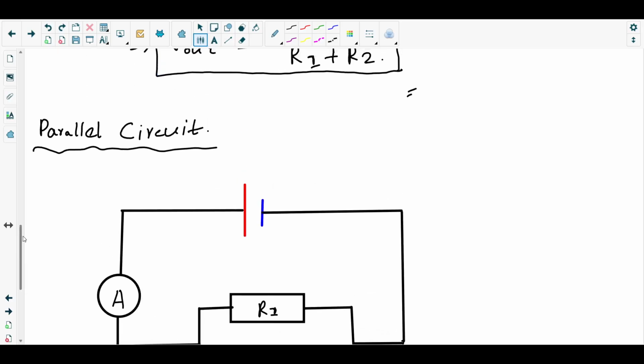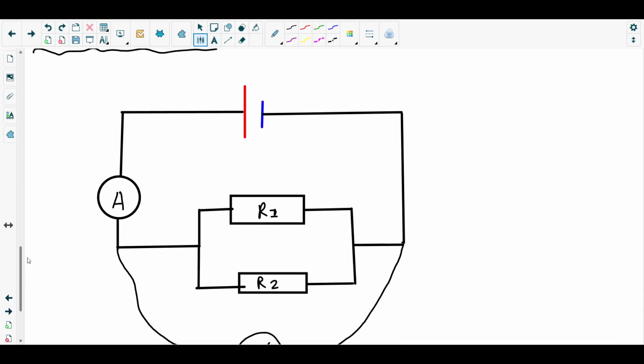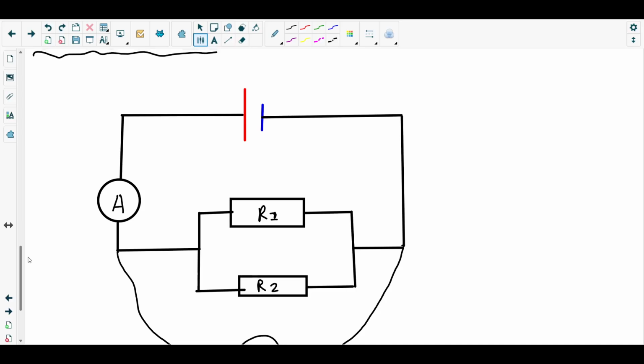According to Kirchhoff's law in a parallel circuit, the total current entering a junction and leaving the junction are the same. So this is the junction in the parallel circuit, right? If I enters here, and if both resistors R1 and R2 have the same magnitude of resistance, then half of the current will flow that way and half of the current will flow that way, right?